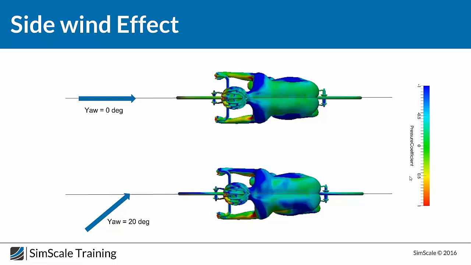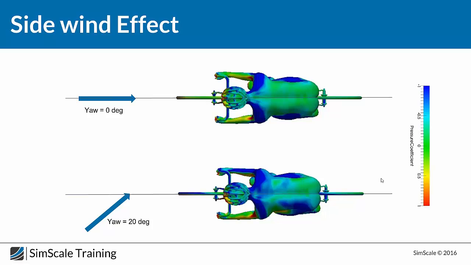The car has a stagnation pressure in front of it, okay? And if the car is just here, there is high pressure behind the rider. And this will decrease the difference of pressure between the front of the rider and the back of the rider. You know what I mean?